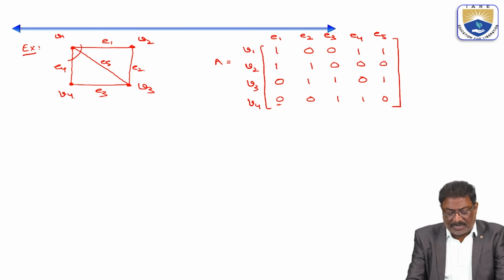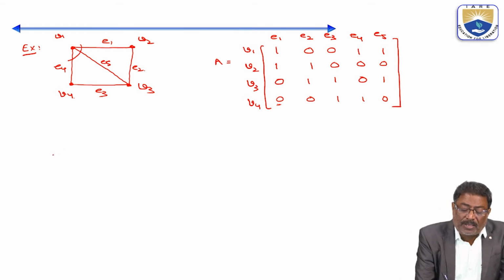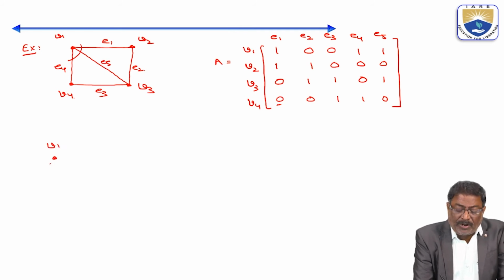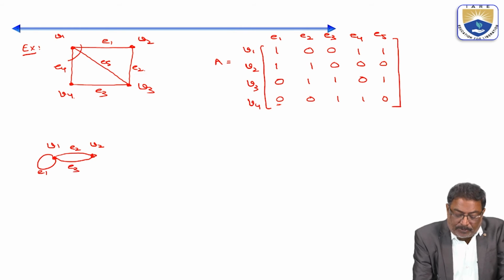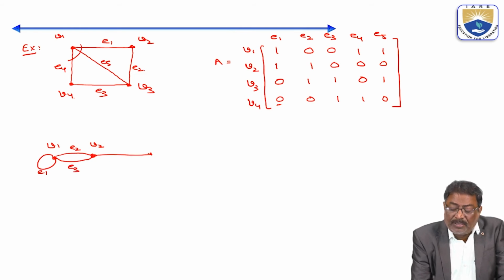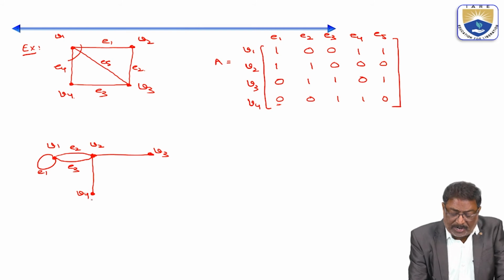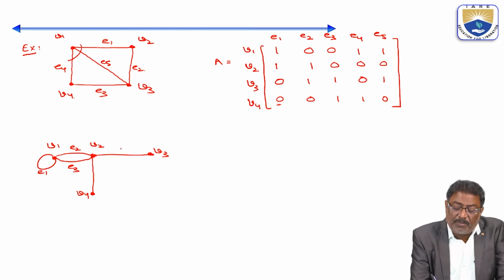Suppose I am going to consider a pseudograph, let us take another example. Let us say V1 and there is an edge, this is E1, and then another vertex V2, and we are going to consider edges E2 and E3. Then I have to consider another vertex V3, and another vertex V4, which has E3 and E4.